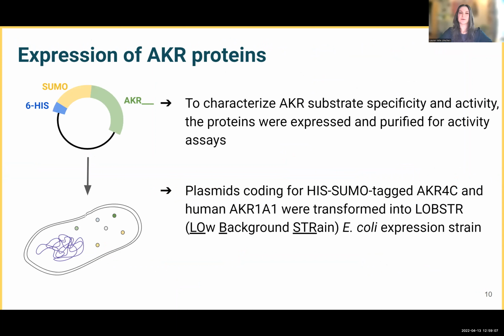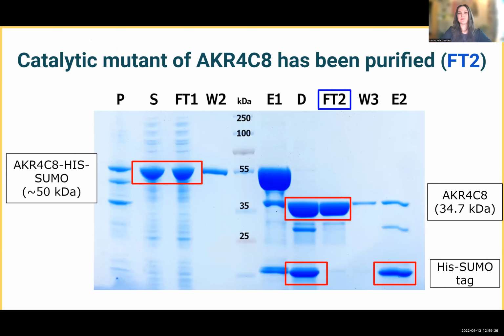So the second component of this project is working with the enzymatic function of these proteins. To do that, we are expressing and purifying them. They are expressed as a His-SUMO-tagged construct in a low background strain of E. coli and isolated and cleaved to yield the final protein product, which can be seen in this SDS-PAGE. To the left, we have the AKR4C8 His-SUMO-tagged version, which is at a bit above 55 kilodaltons.